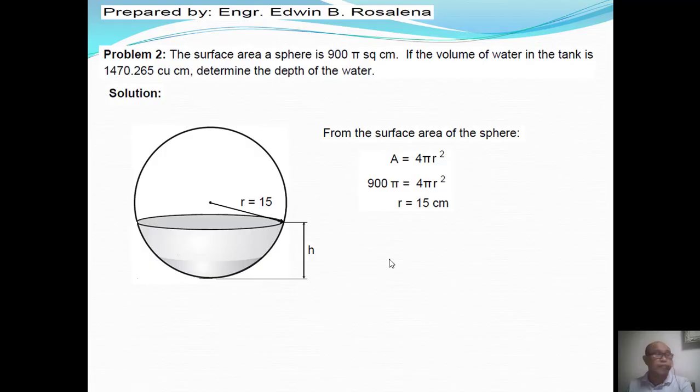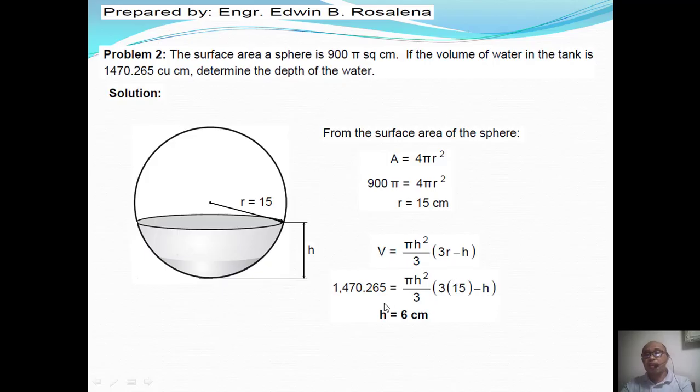So we have the formula for the volume of this spherical segment, pi h squared over 3 times 3r minus h. So 1,470.265 equals pi h squared over 3 times 3r minus h. The only unknown here is h.